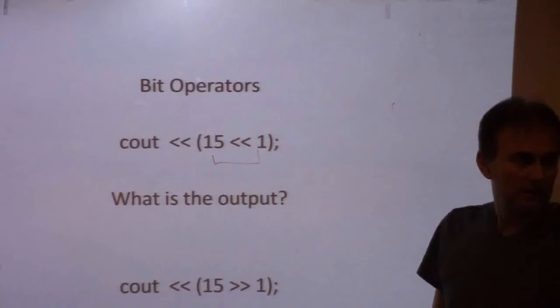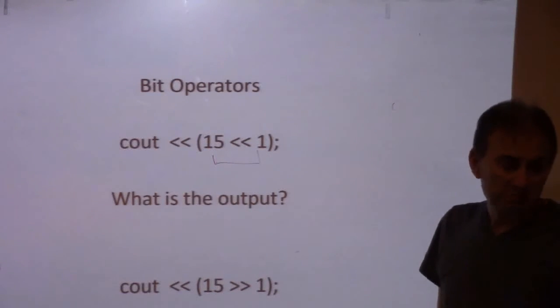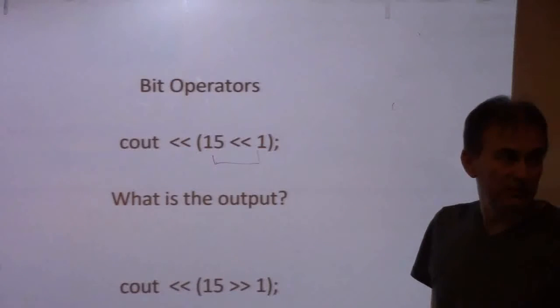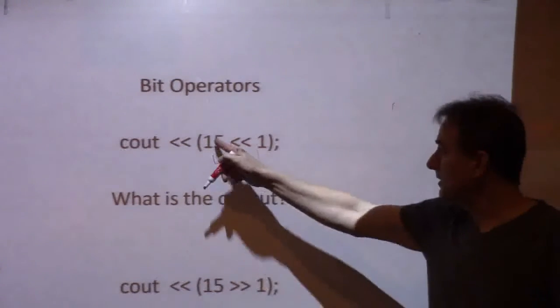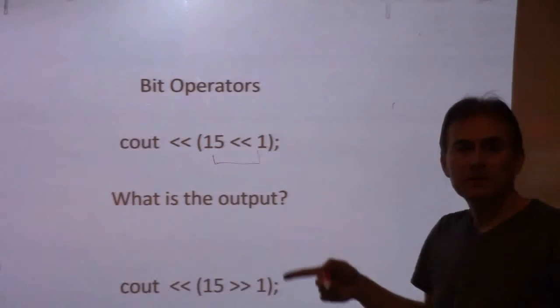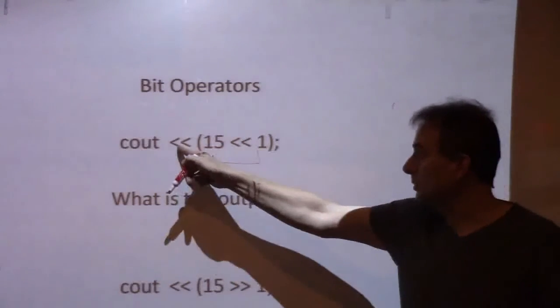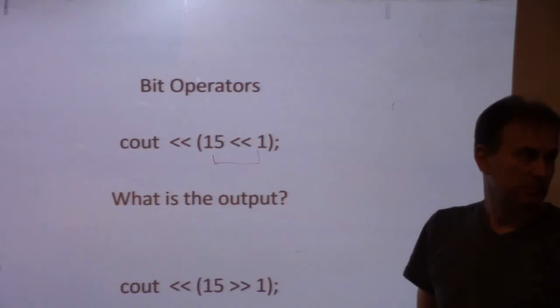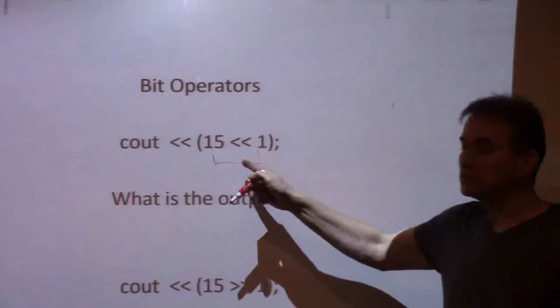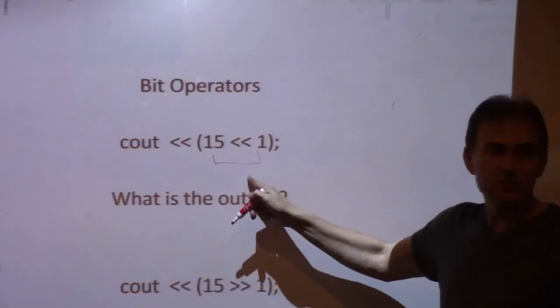Int constant. What type is this? Int constant. Therefore, because they're int and int, the compiler decides that this is not the output operator, this is the left shift operator. So it shifts the number here. So the operation is shifting.